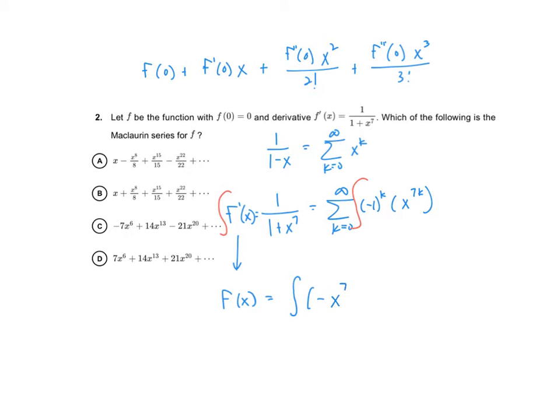And then we'll get plus, when we plug in 2, you get x to the 14th. Plug in 3, you get negative x to the 21st. Okay, and I keep going like that.